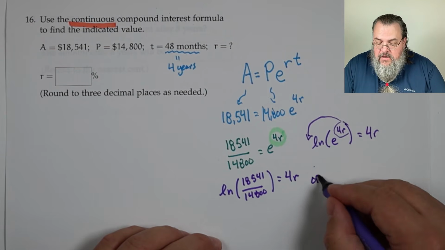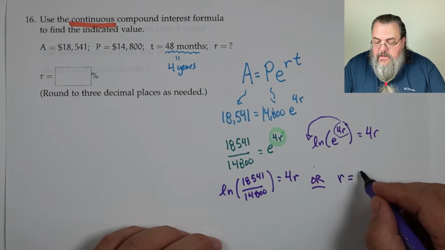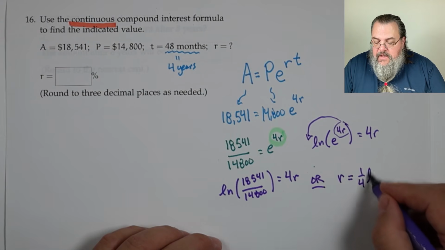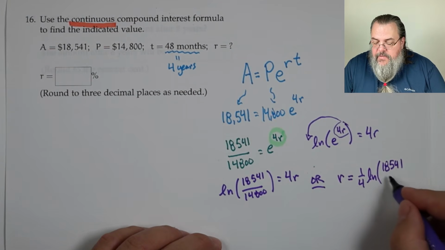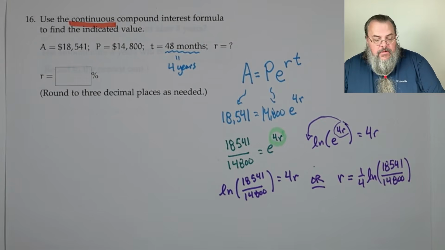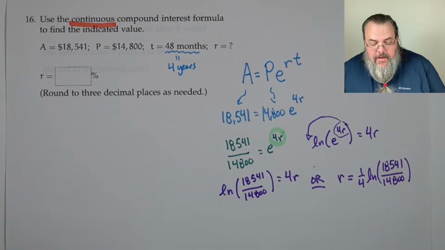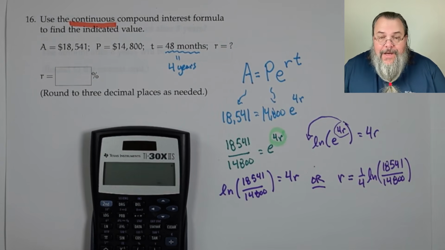That says that the R that we're after is 1/4 the natural log of 18,541 divided by 14,800. So that's definitely something we don't want to do by hand. That's okay. That's why we have a calculator.